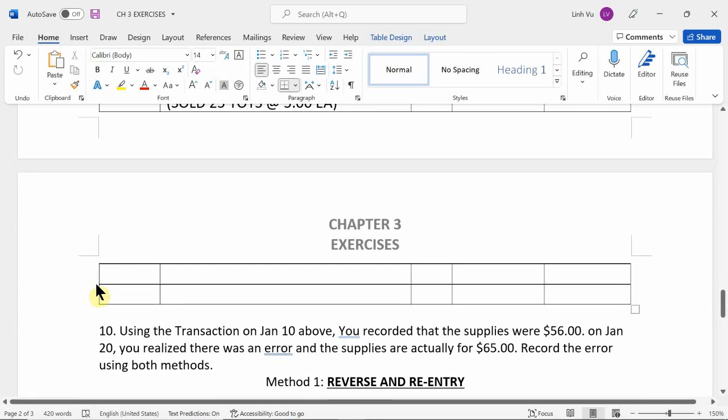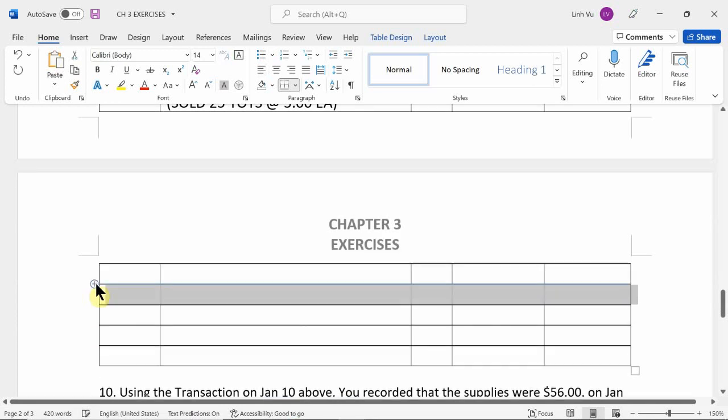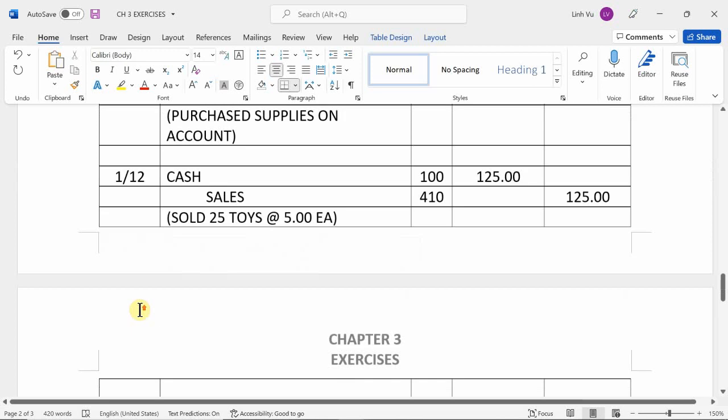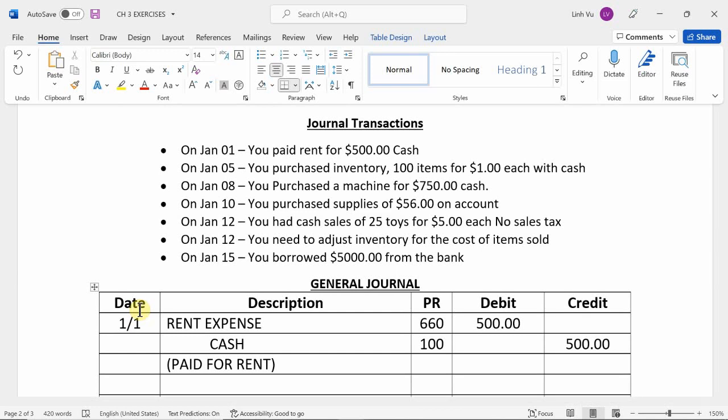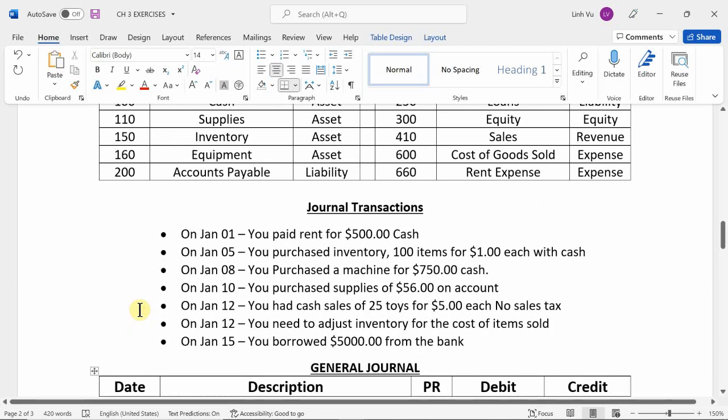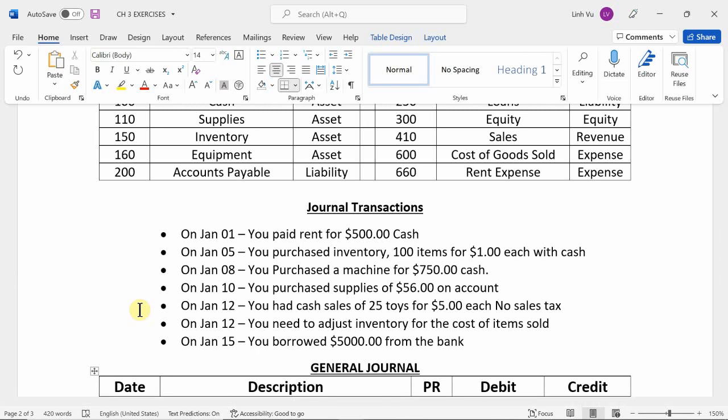Okay, let's continue on. I'm gonna add a few extra lines here, okay? So let's see, on January 12th, once again, same day, you need to adjust your inventory for the cost of the items that you sold, okay? Because I end up getting rid of my inventory, so I need to adjust my inventory because I just sold 25 toys.